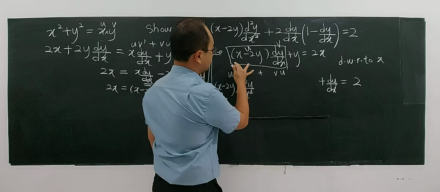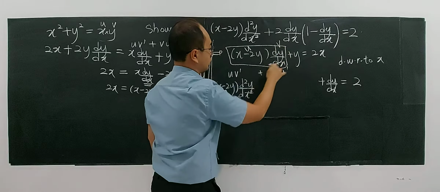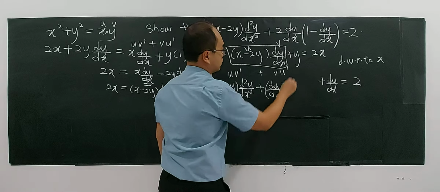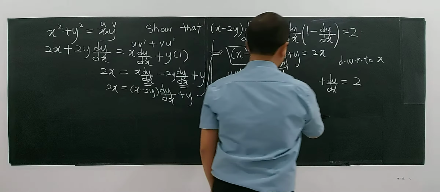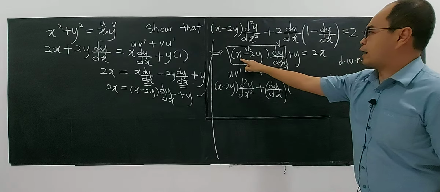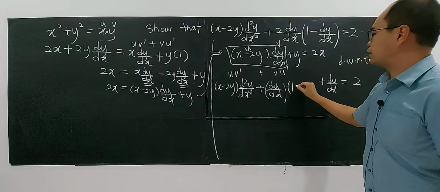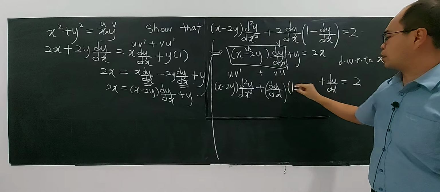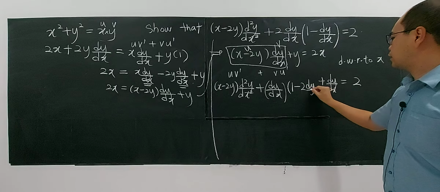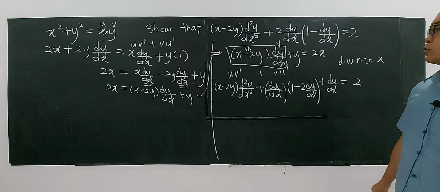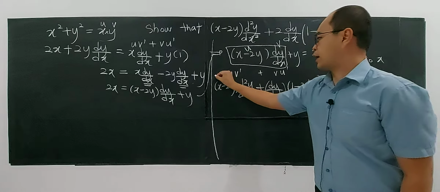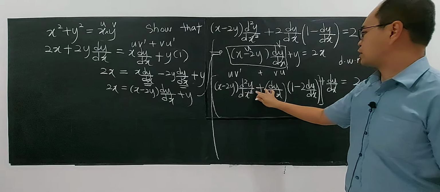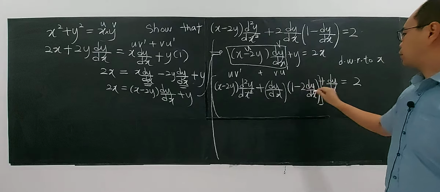This is your uv'. Now vu'. Differentiate x, you have 1. Differentiate negative 2y, you have negative 2 dy/dx. So you have done applying uv' plus vu', plus dy/dx, equals 2.